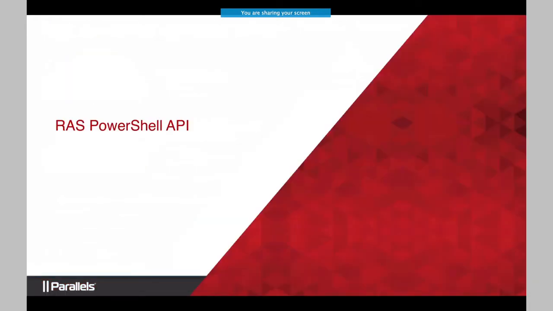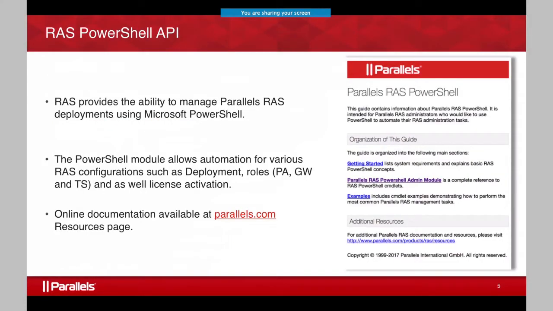So let's talk about the PowerShell API that we have introduced in this new version. First of all, the API documentation is now available on our resources page, where you can either use the downloadable version of the manual or an HTML version.